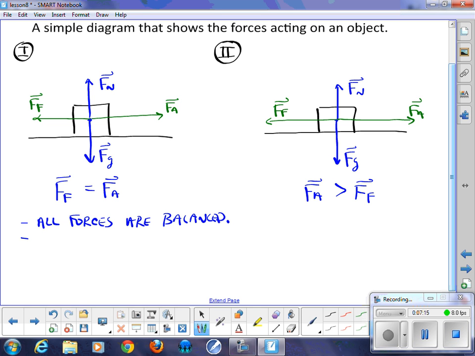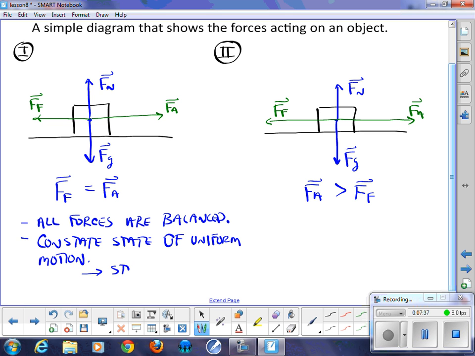And if I asked about the motion, you're going to tell me, hopefully, that it is in a constant state of uniform motion. Which means two things.